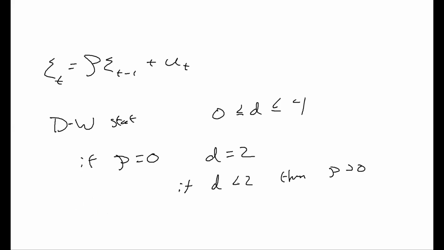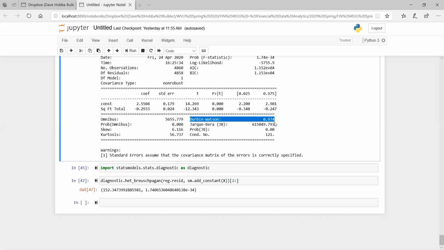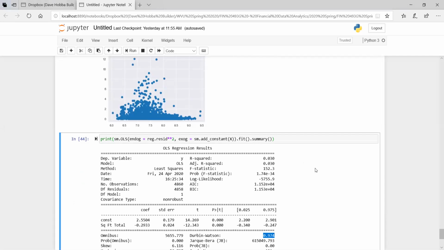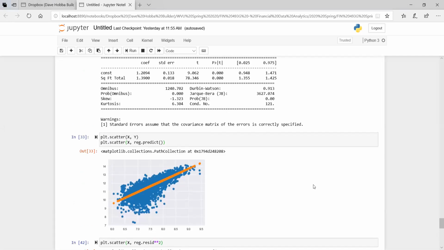So if we go back to our notebook file, we can look at it. Here we have a Durbin-Watson statistic of 0.974. So autocorrelation would probably be present. To test for this, there's another tool in the diagnostic package and some others, but this is a decent amount to show that there is autocorrelation.